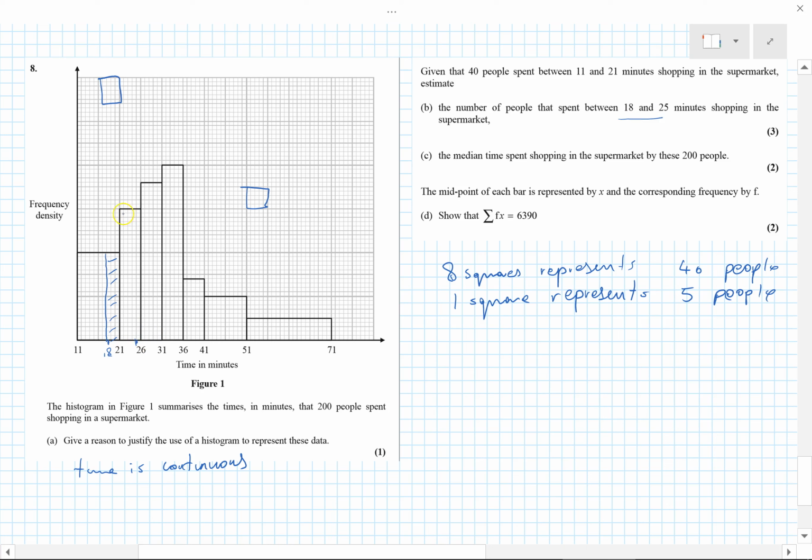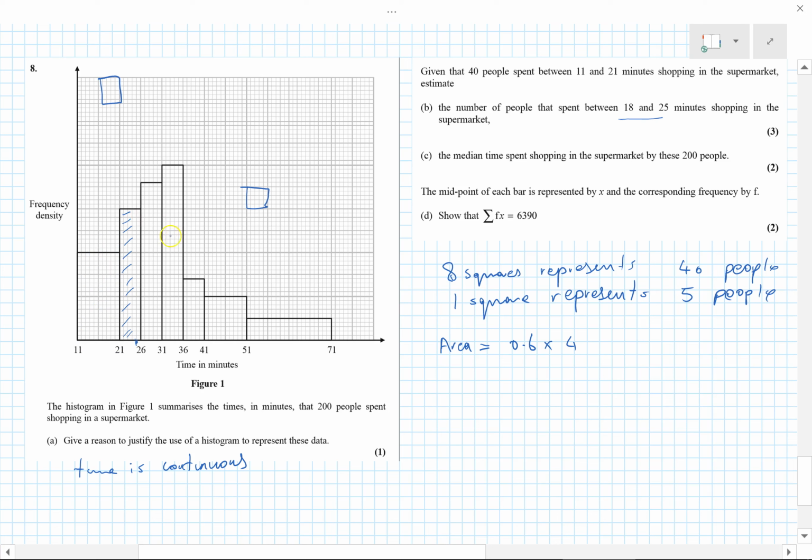So that's adding up on that area. Looking at this bit here, that area is equal to 0.6 times 4, because we've got 4 squares here, and this is 0.6 of the whole thing.